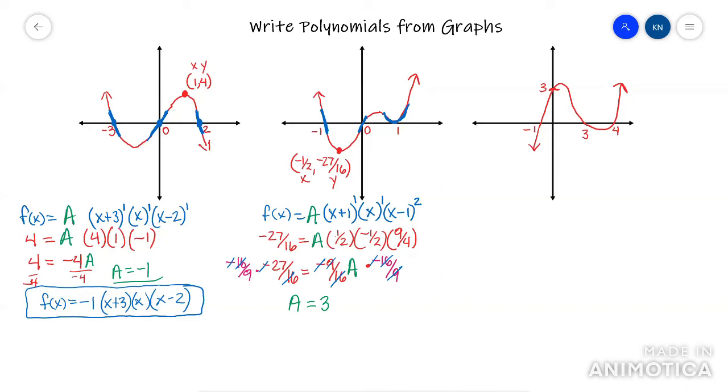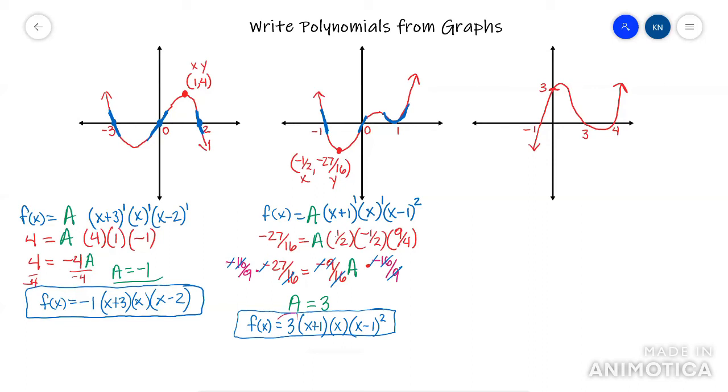Now all I have to do to finish this is write my equation. And by the way, when I do these, at the very end, I'm just checking a couple things to see if it makes sense.